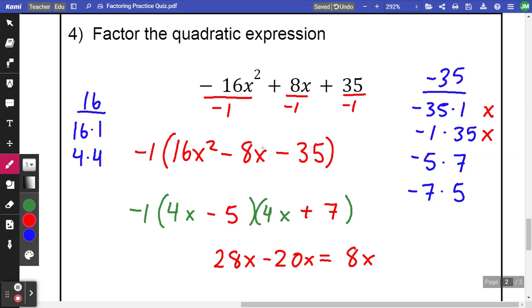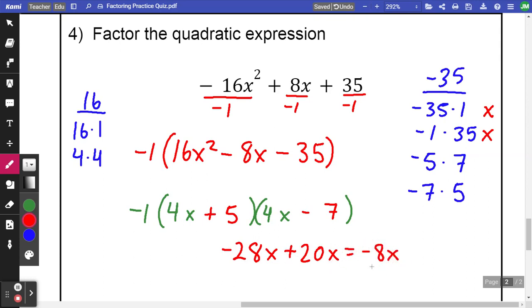We want a negative 8x, so all I have to do is switch the signs here and make this one the positive 1, make this one the negative 1. And so if I redo my calculations, I end up with negative 28x plus 20x, and that adds up to negative 8x, which is what I want here.